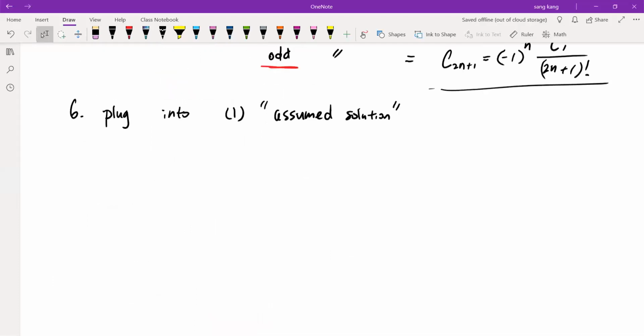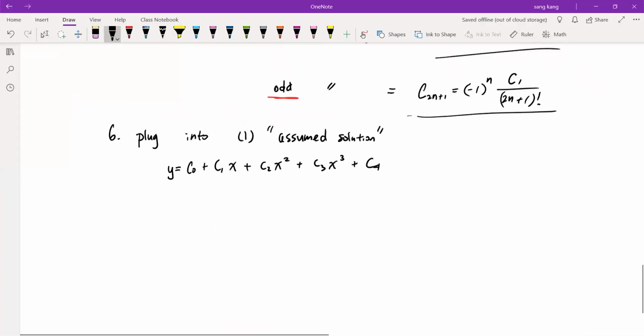Let's see. So y equals C0. So I'm just going to write out the assumed solution. Plus C1 x, plus C2 x squared, plus C3 x cubed, C4 x to the fourth. And we get one more, C5 x to the fifth.